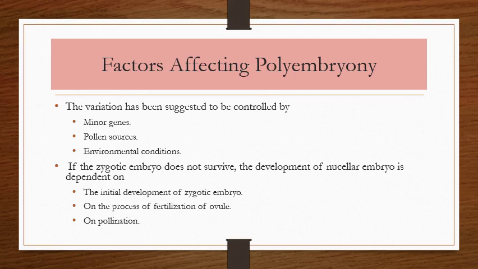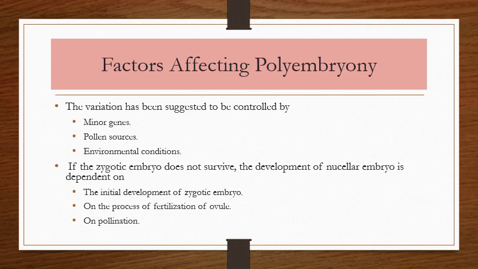So here are the factors affecting polyembryony. The number and type of embryos produced may vary from tree to tree and also at different positions on a single tree. The variation has been suggested to be controlled by minor genes, pollen sources and environmental conditions.